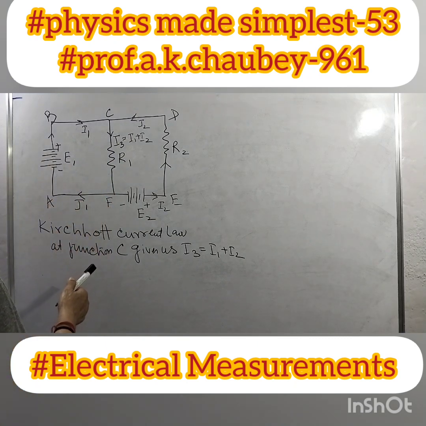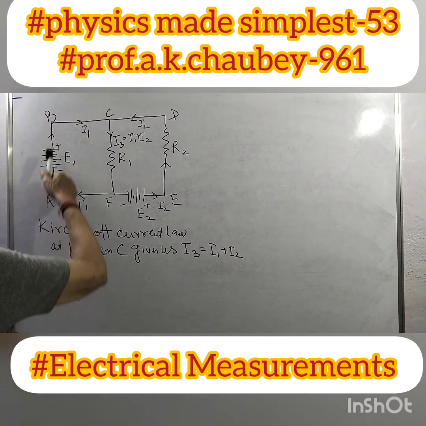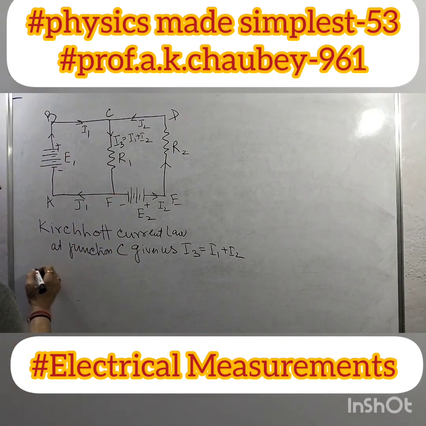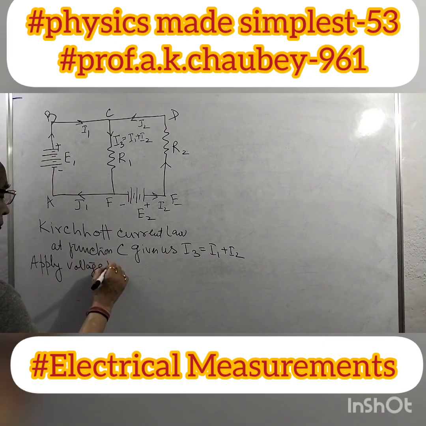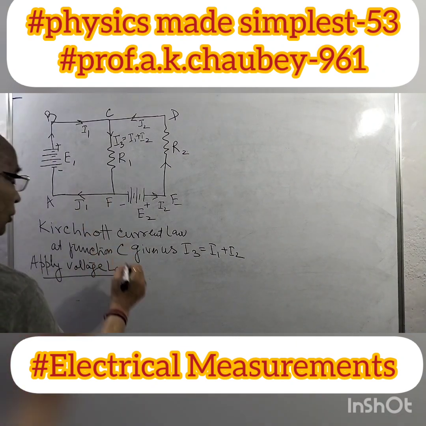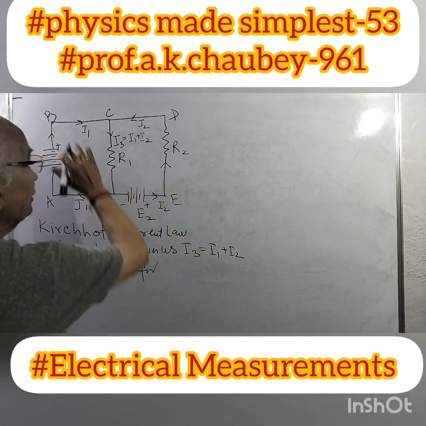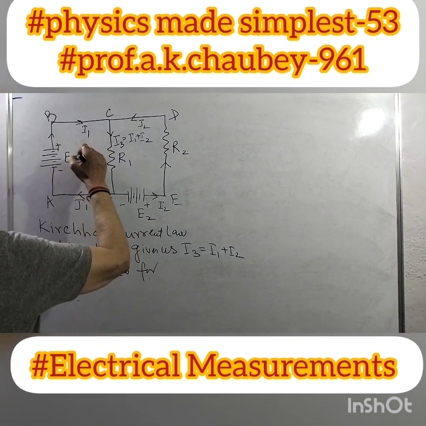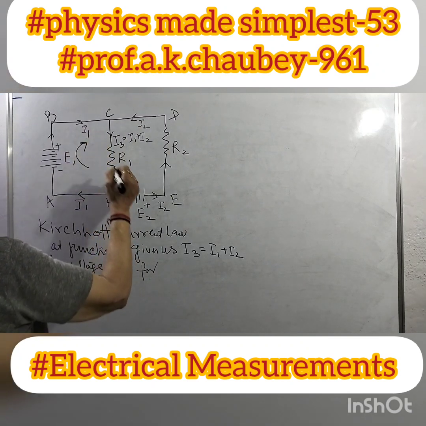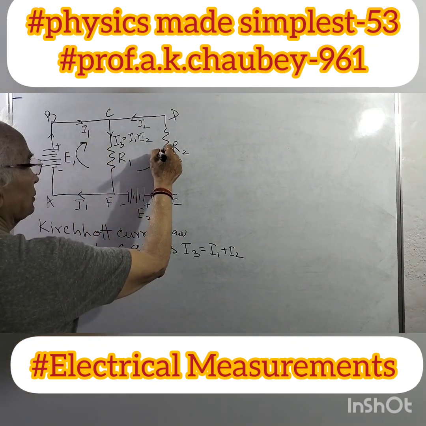Applying Kirchhoff voltage law to a closed loop, now we will apply the voltage law for the loops. We divide the whole circuit into two loops. One loop is this, current flowing like this. The other loop is this, current flowing like this.